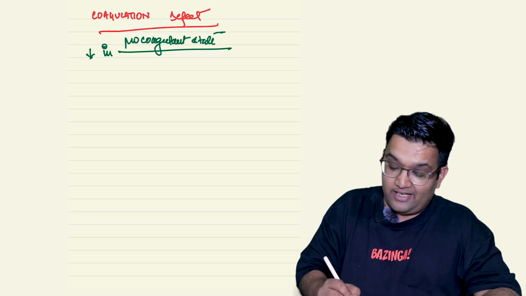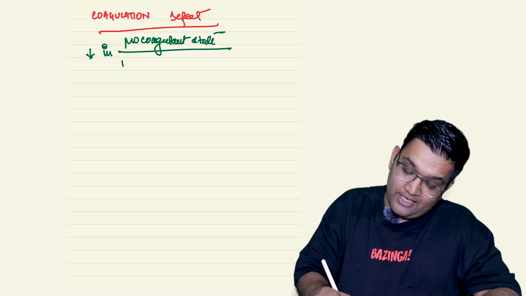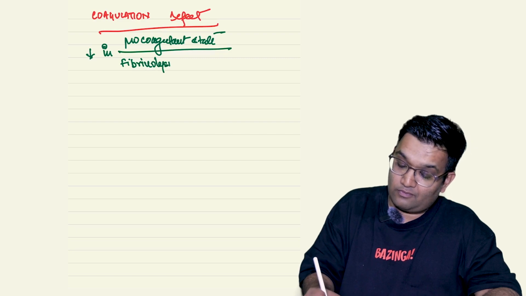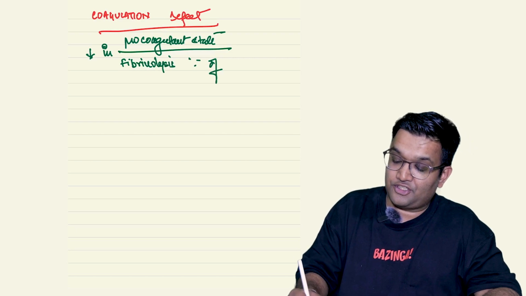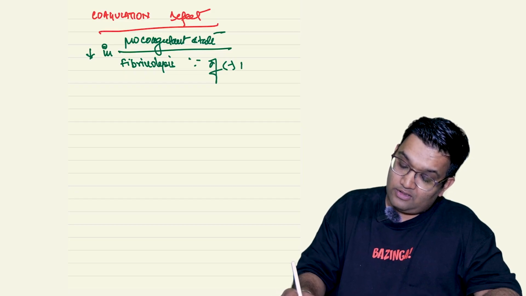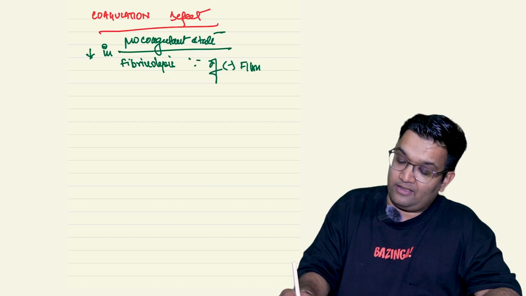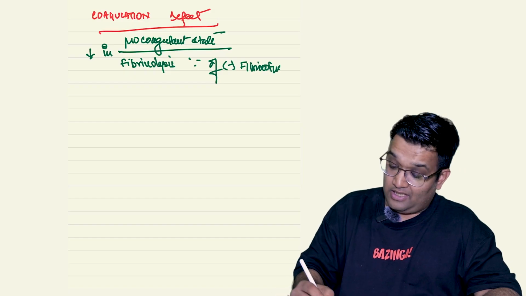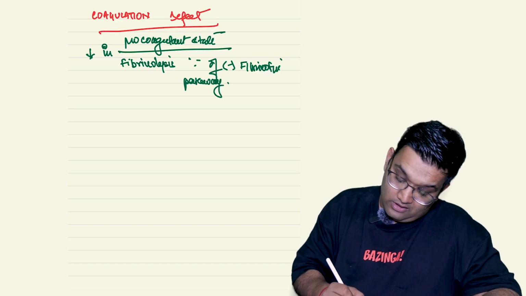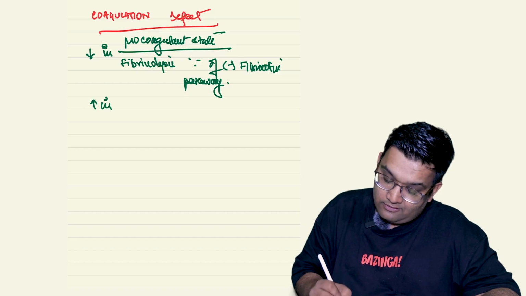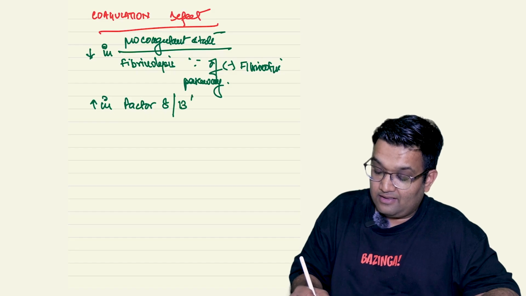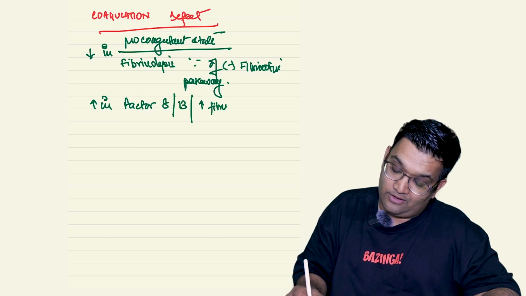This procoagulant state is because of reduction in fibrinolysis, because of inhibition of the fibrinolytic pathway, and there is increase in factor 8, factor 13 and increase in fibrinogen.